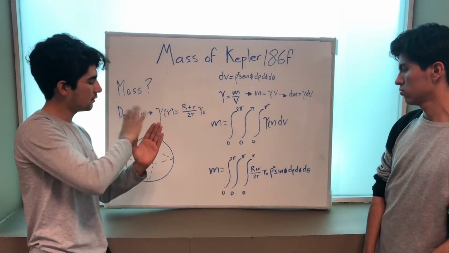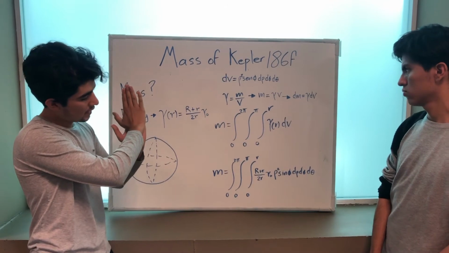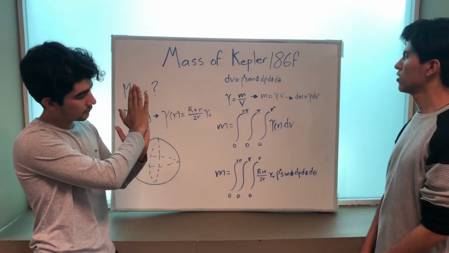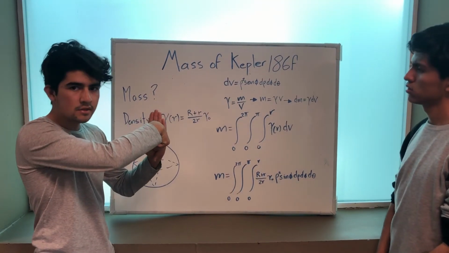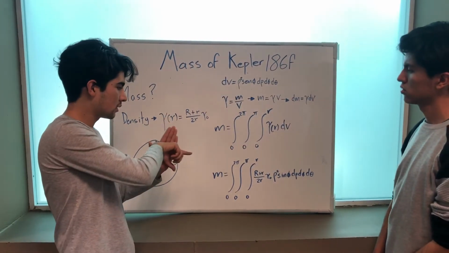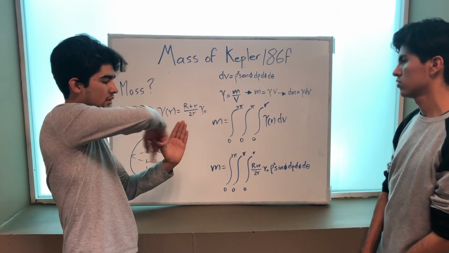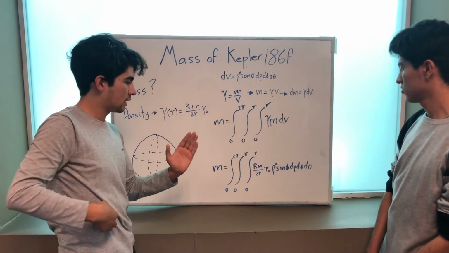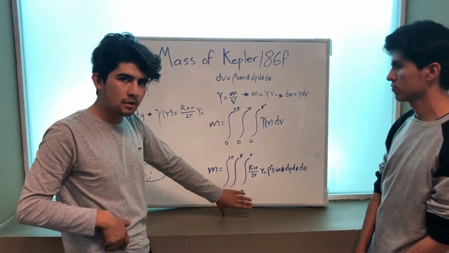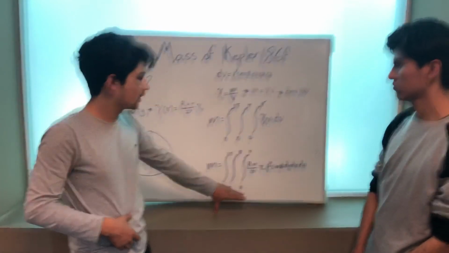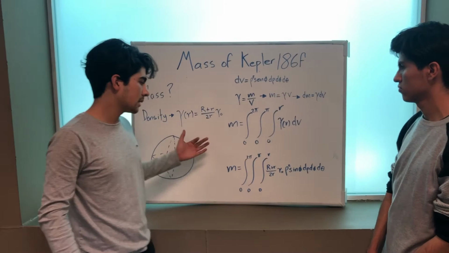So we have the angle phi opening 180 degrees or pi, and the angle theta opening the whole circumference, 360 degrees or 2 pi. So now we have our problem planned out, and we can solve it.